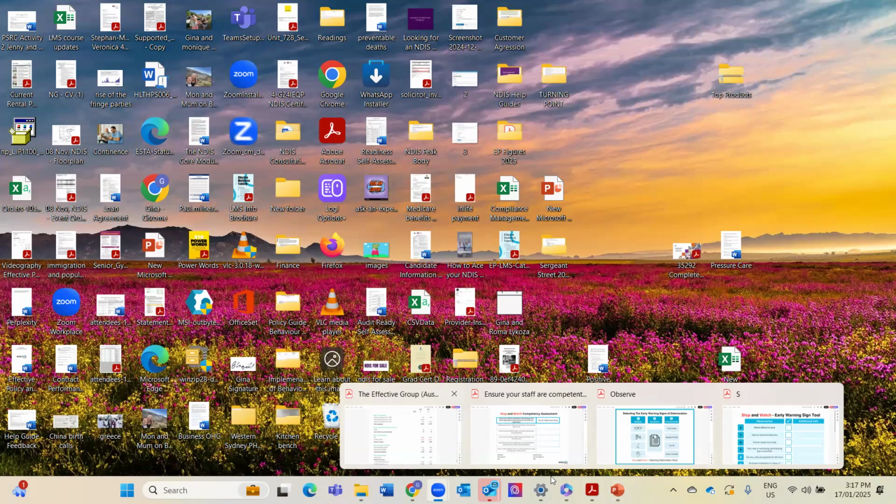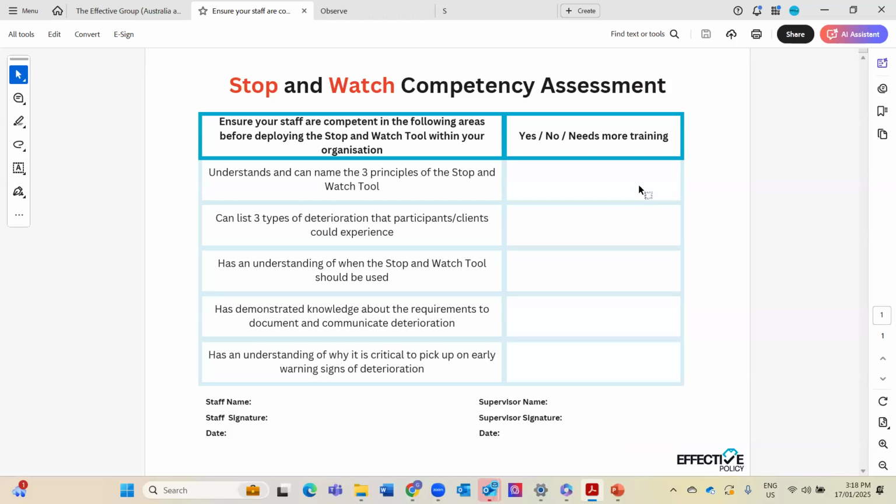All right. So what we've made is a stop and watch competence. As I said to you, onboard them, test their competency at some point in time, retest their competency if they show an inability to pick it up quickly. It's a very simple process, but some people do have trouble learning.